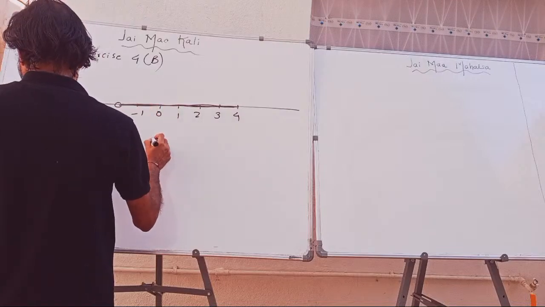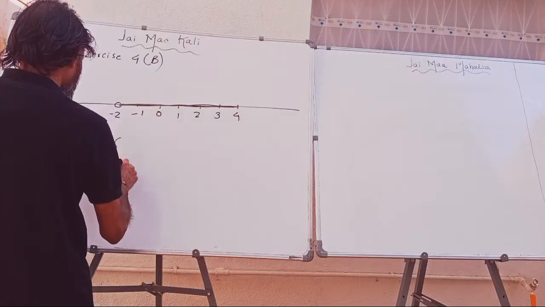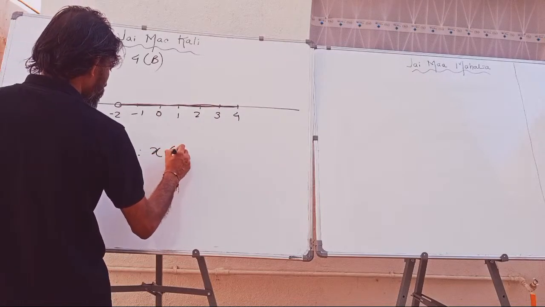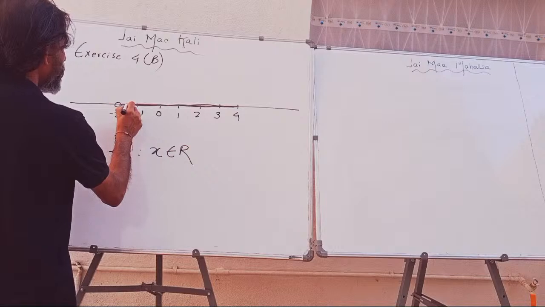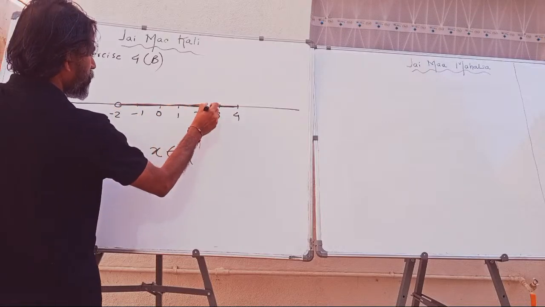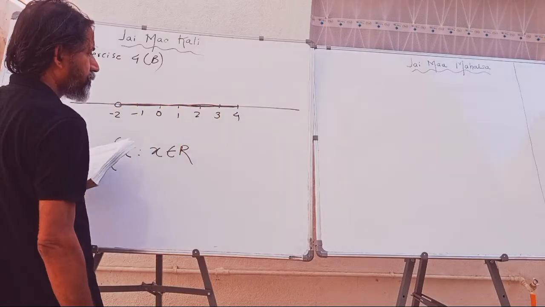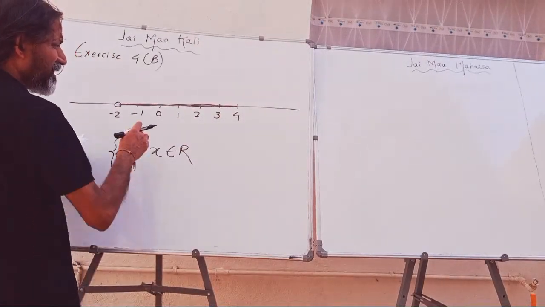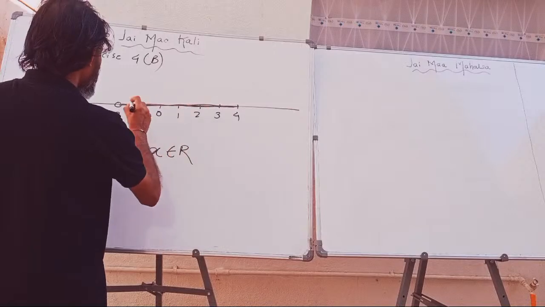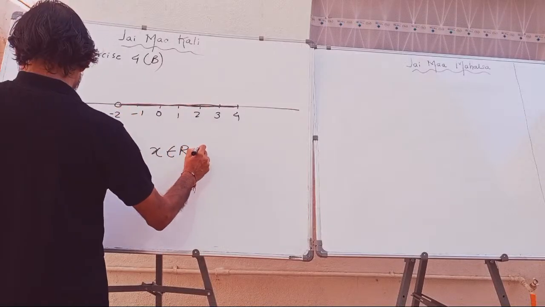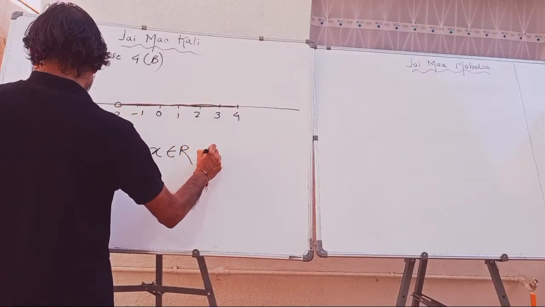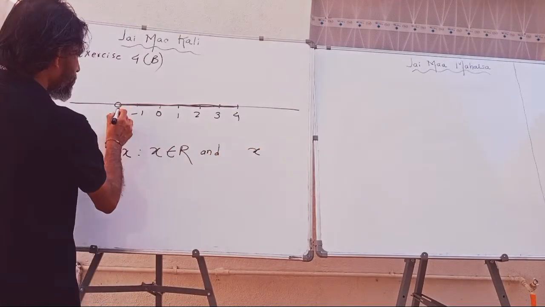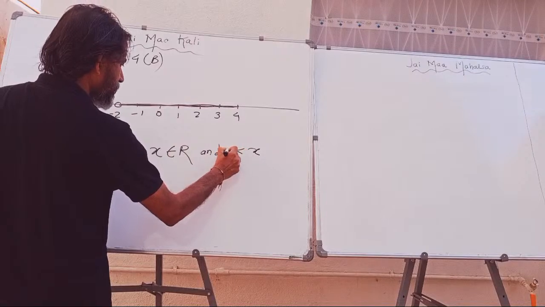So let's say value of x, such that x should be a real number clearly, because 2.1, 2.2, 2.3, all those non-integer numbers are also included. And x is a strict inequality, which means x is greater than minus 2.